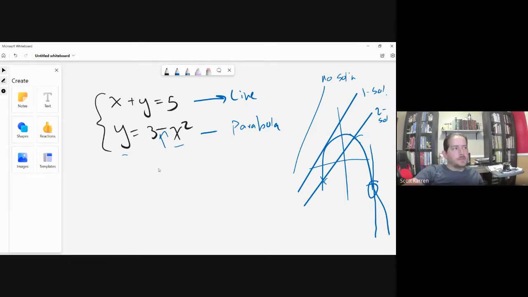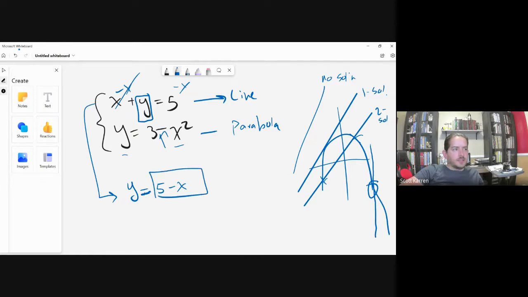So I would maybe solve for this y right here by subtracting x from both sides. That leaves you with y equals either 5 minus x or negative x plus 5. It doesn't really matter how you look at this, right? But I'm going to take this 5 minus x and plug it into the y over here.